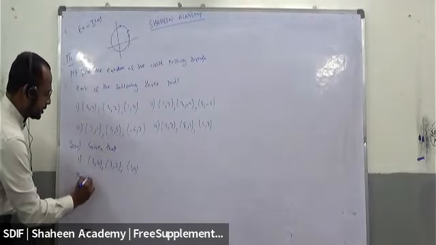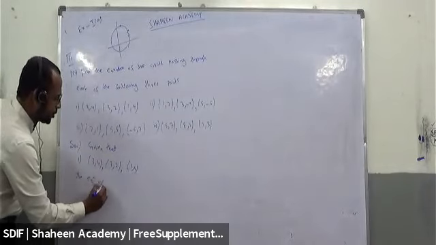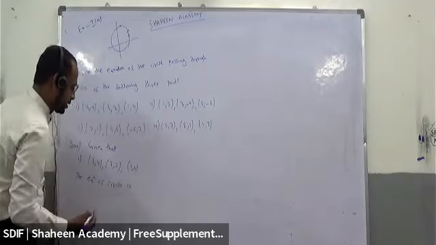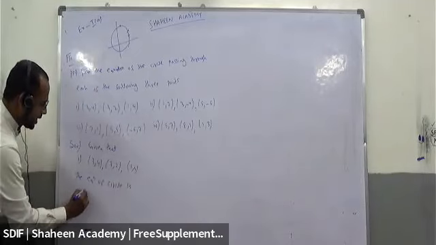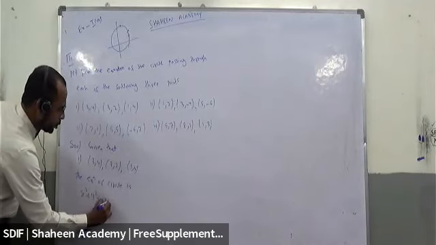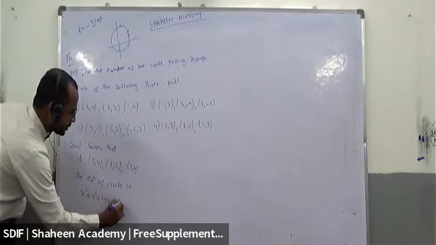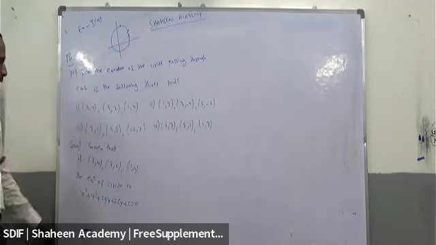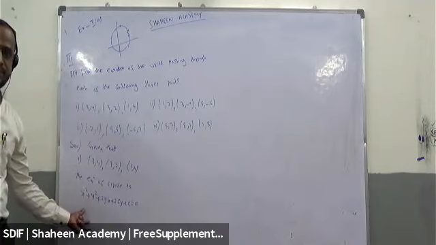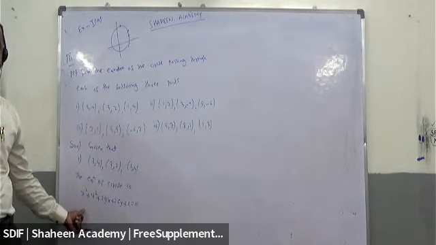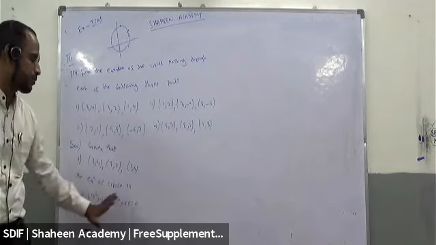The equation of circle is x square plus y square plus 2gx plus 2fy plus c is equal to 0. This is the general equation of a circle: x² + y² + 2gx + 2fy + c = 0.